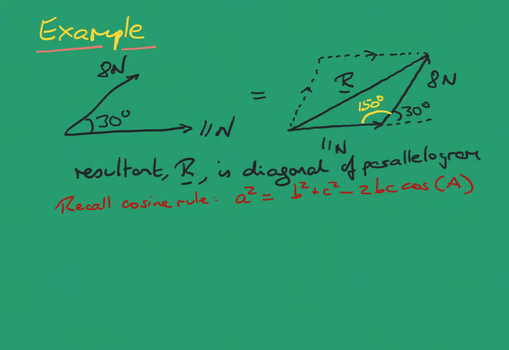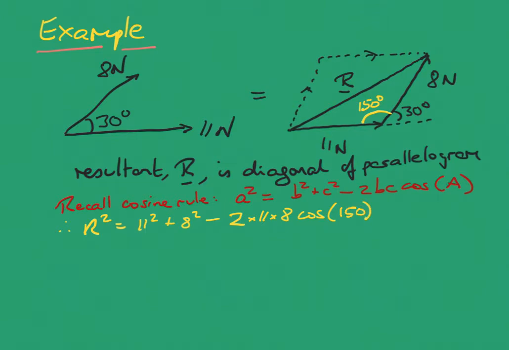And the angle, capital A, will be this angle, which is opposite this length. So this tells us that r squared, this length squared, is equal to this length squared plus this length squared. So that's 11 squared plus 8 squared minus 2 times the product of these sides. So that's 11 times 8 times the cosine of this angle, which, as we've said, is 150 degrees.